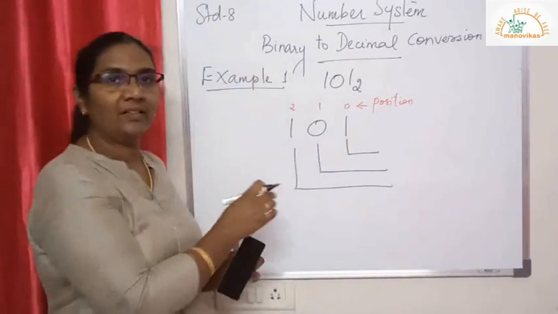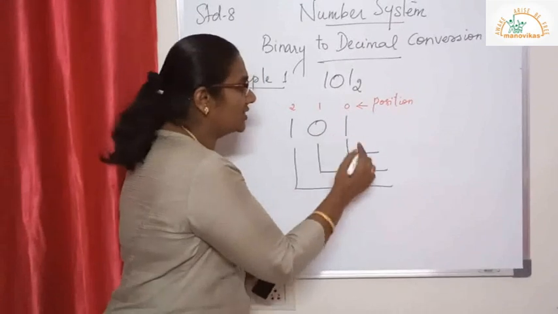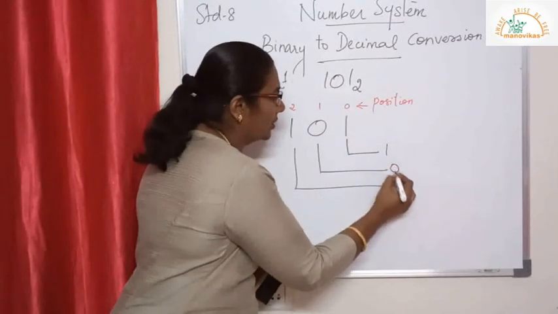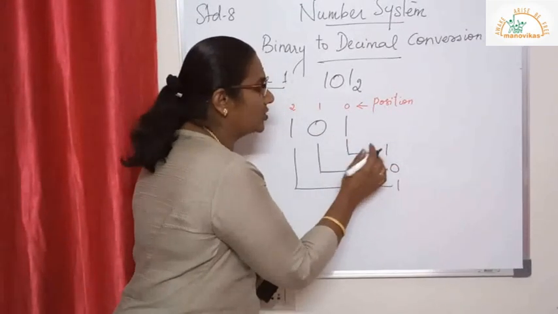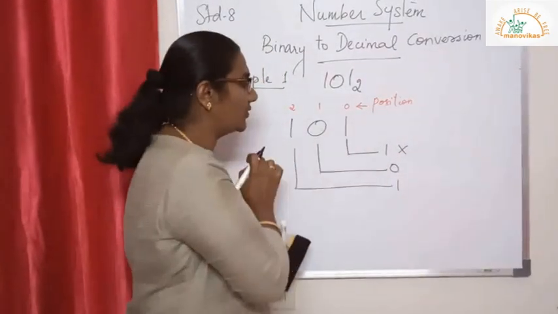How many digits are there? There are 3 digits, and the digits are 1, 0 and 1. Each digit is multiplied by the base of the number system.